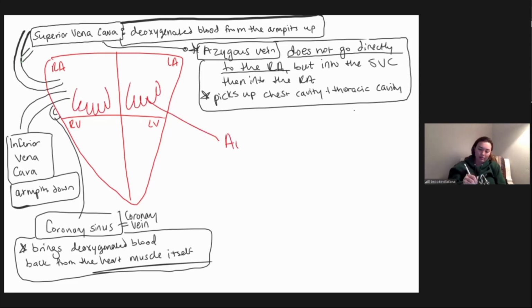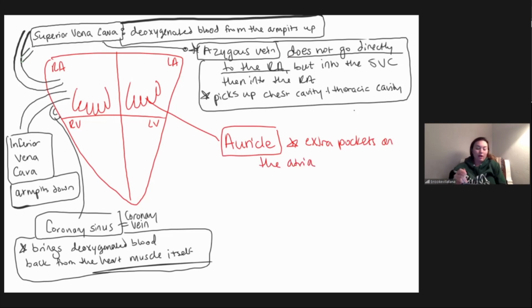It's not an exact science, but these are extra pockets on the atria, kind of on the inside of the atria, that allow the receiving of extra blood. So if the atria need to accommodate additional blood, the auricles can do that.